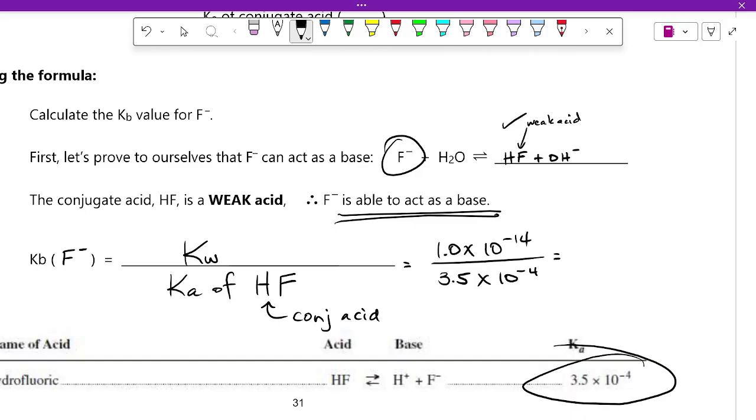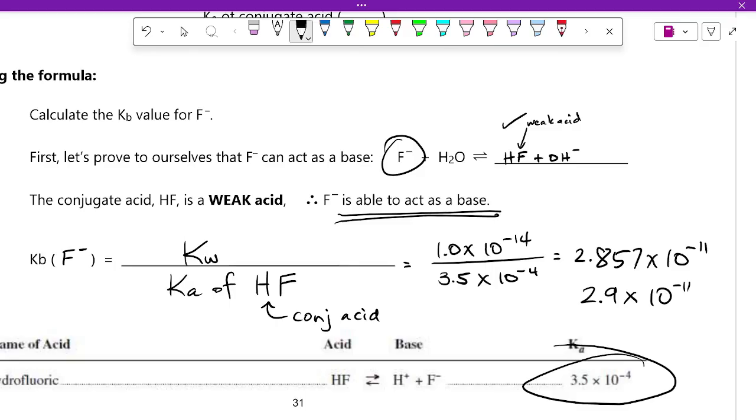And we get 1 times 10 to the negative 14 divided by 3.5 times 10 to the negative 4 is 2.857 times 10 to the negative 11. So that's going to be 2.9 times 10 to the negative 11.